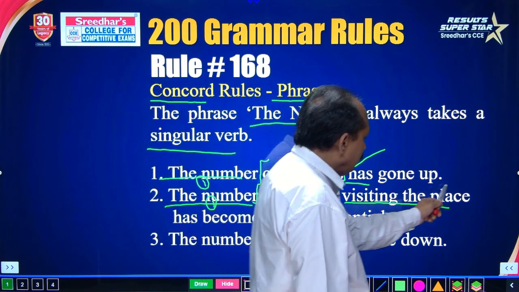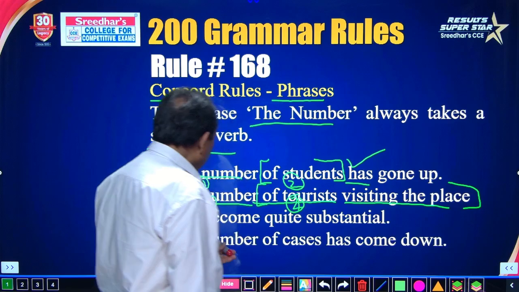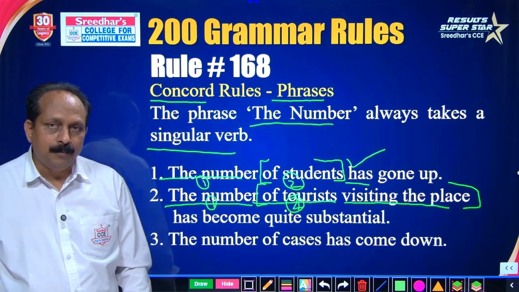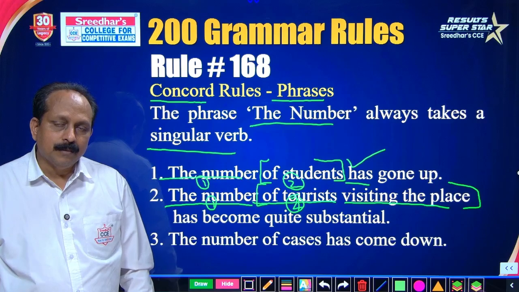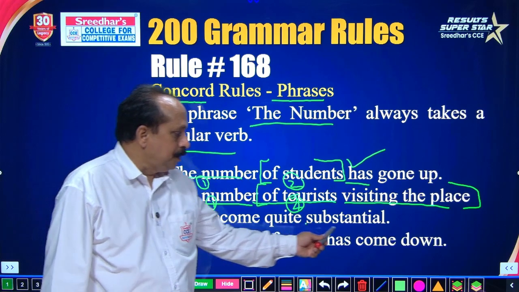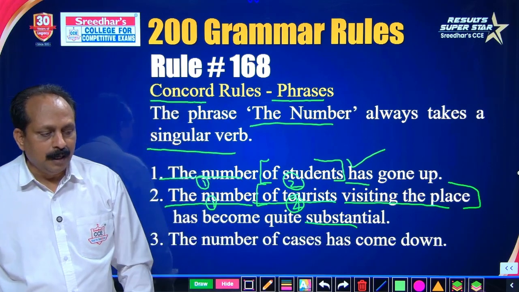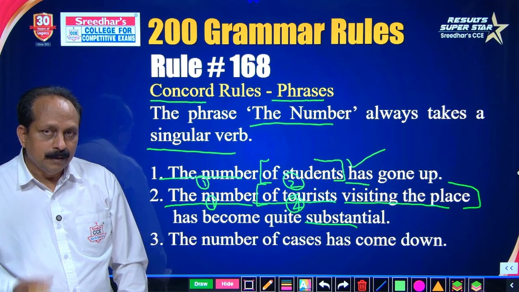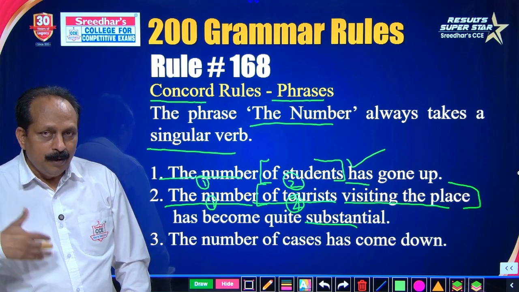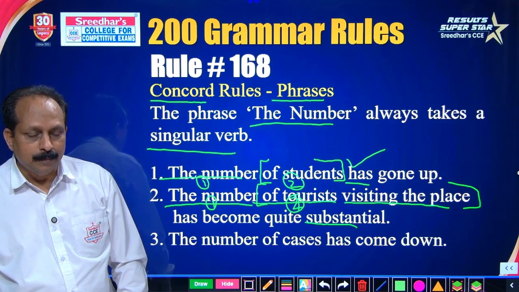Focus on the number. Have become or has become? Because it takes a singular verb, has become. The number has become quite substantial. Substantial means considerable.